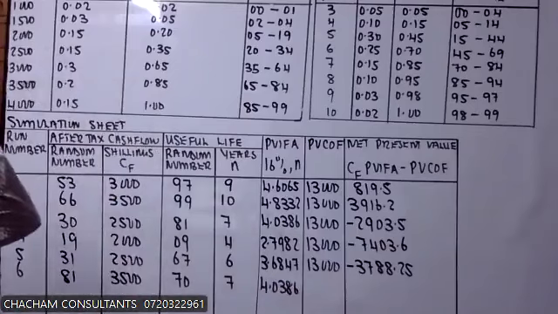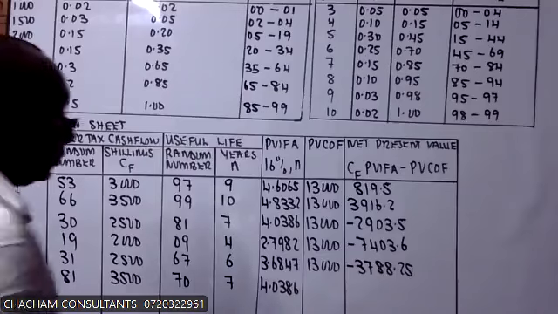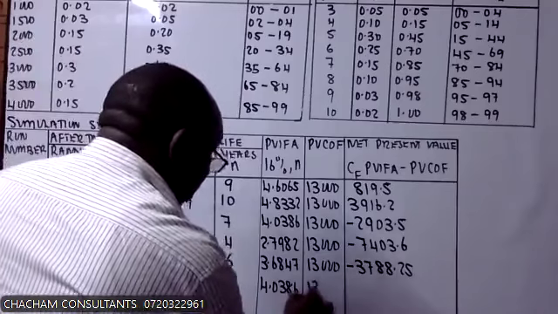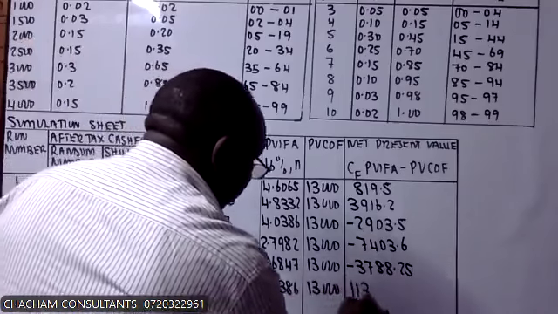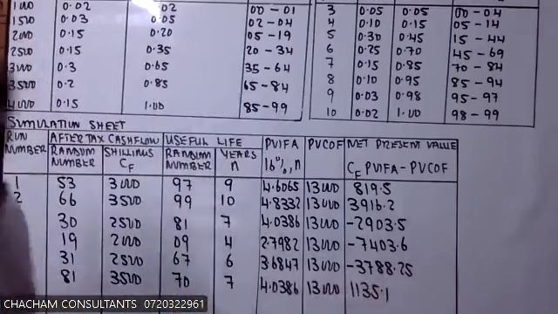So give me the net present value. $1135.1. Let me put that here. So 1135.1 positive.